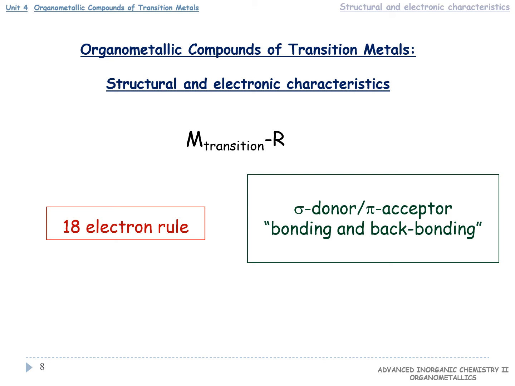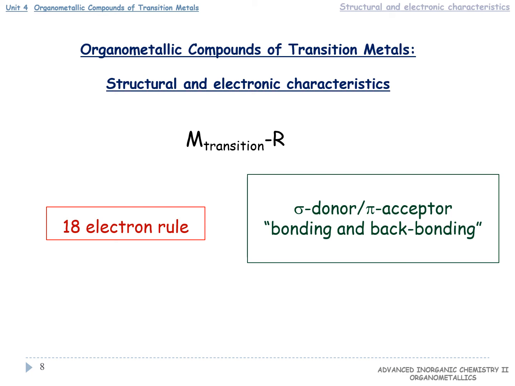The stability of tetramethyl tin and the instability of, for example, trimethyl tin can be predicted by the octet rule, which says that when the number of bonds formed around the central atom is such that it forms an octet of electrons, the element reaches the electronic configuration of a noble gas.